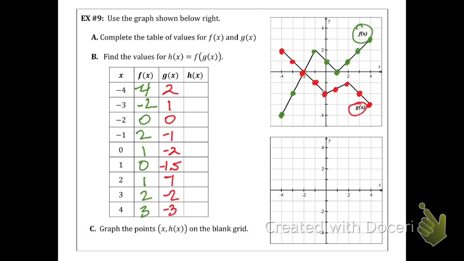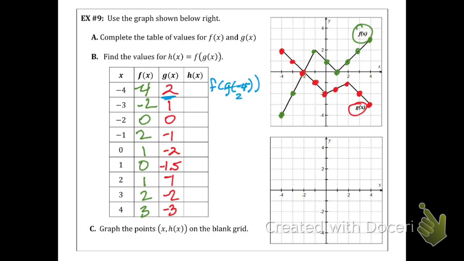Now remember, the composition is f of g of x. All right, so I'm going to write out the first couple here. So we got f of g of negative 4. So we're going to go to negative 4, go to g, which is 2.